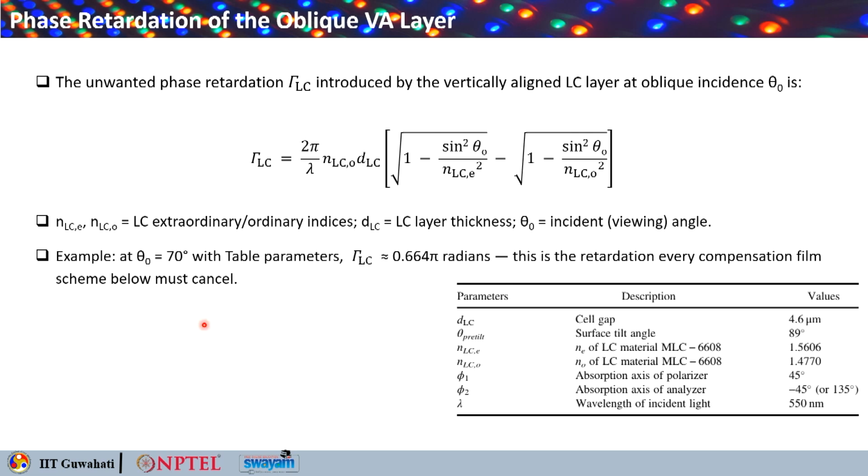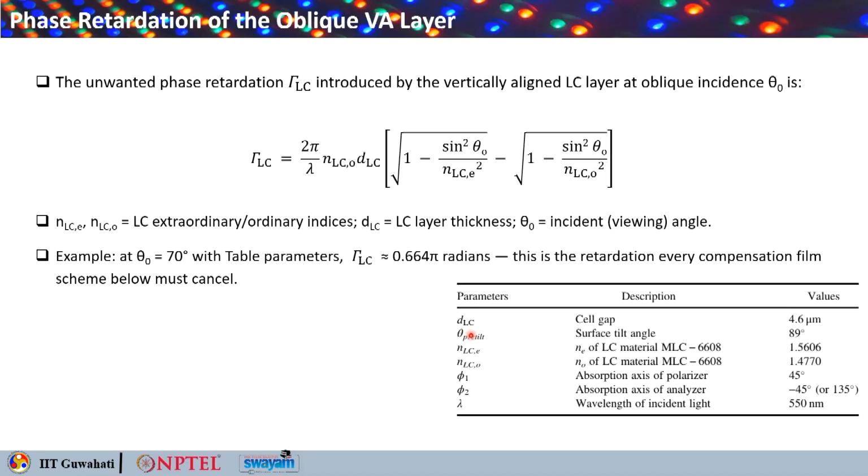Now if you take an example at a design incidence angle of 70 degrees, these are the parameters for mainly the MLC-6608 material. The phase retardation Γ_LC comes out to be around 0.664π radians. So this is the retardation every compensation film scheme must target to cancel out.